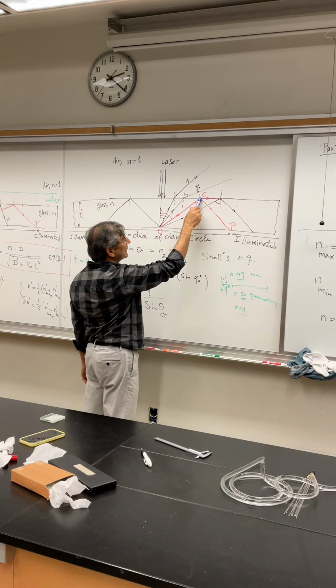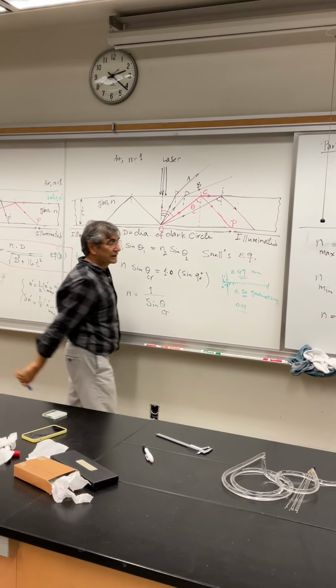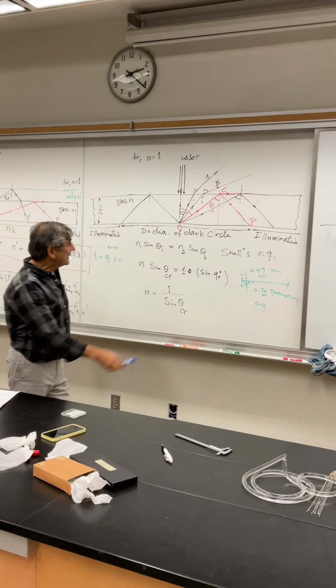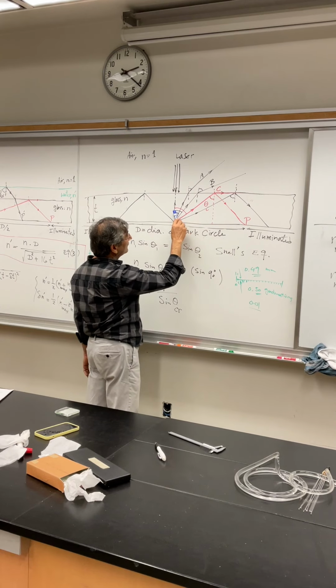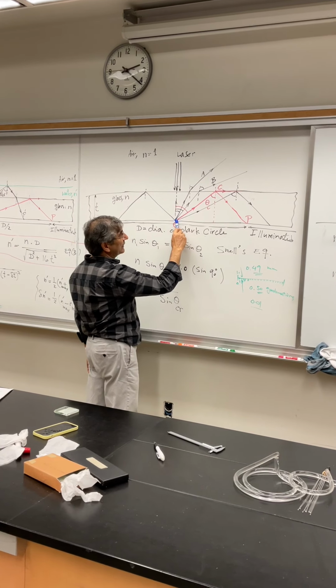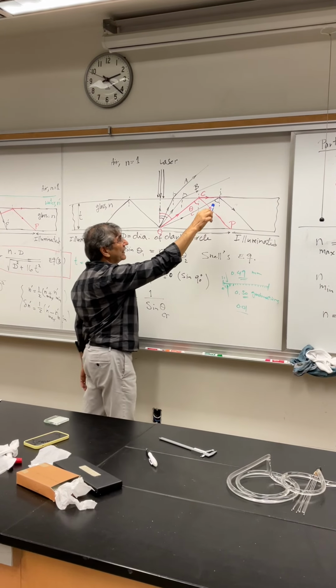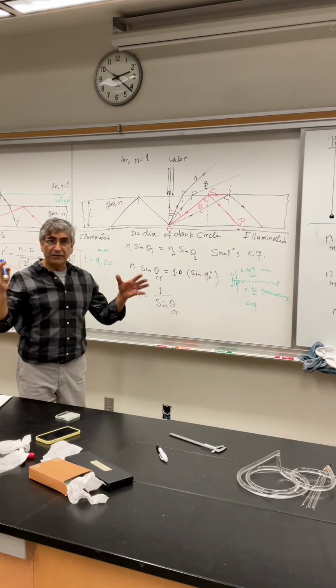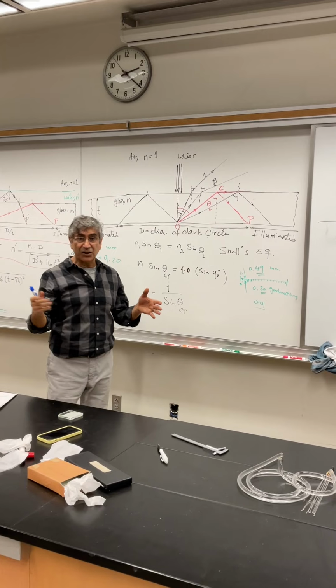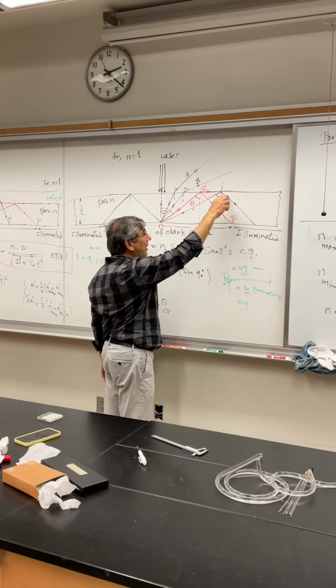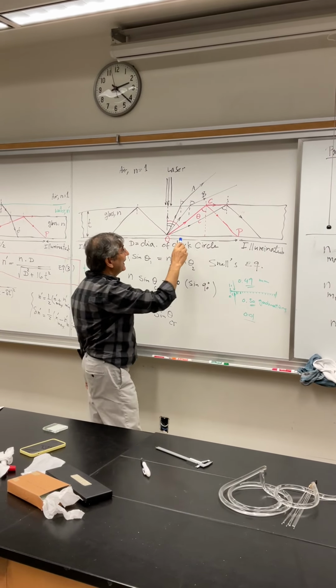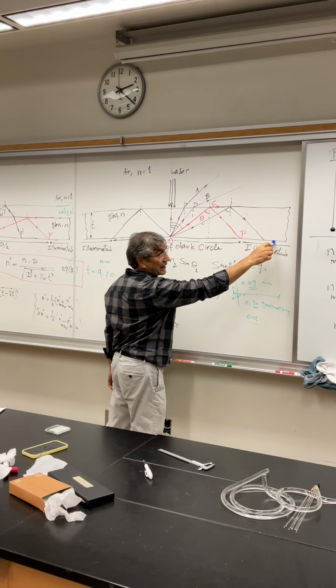So it comes in here and basically goes parallel to the surface of the glass. Any ray with higher angle of incidence, such as this ray, is going to be within that range of total internal reflection. And so the ray is going to come back to the glass. Anything after that is going to do the same thing.